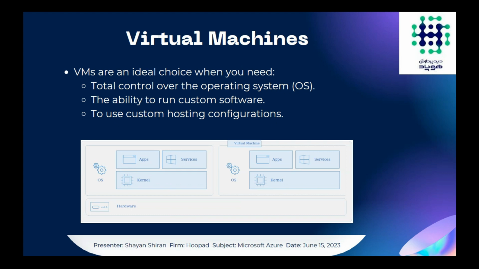Containers are, for example, in this picture, we can have a container here in the host OS. But VMs are an ideal choice when you need total control over the operating system. These are its use cases, and it has the ability to run custom software, and we can use custom hosting configurations for VMs.